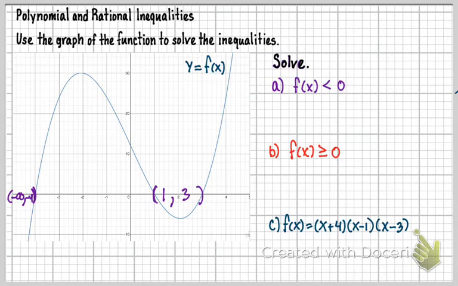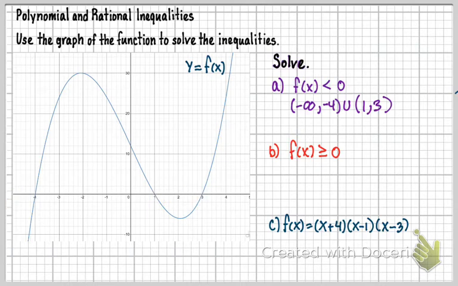So let's write those out: negative infinity to negative 4, union 1, 3. There is the actual interval where f of x is less than 0, and that's all we're really doing here.